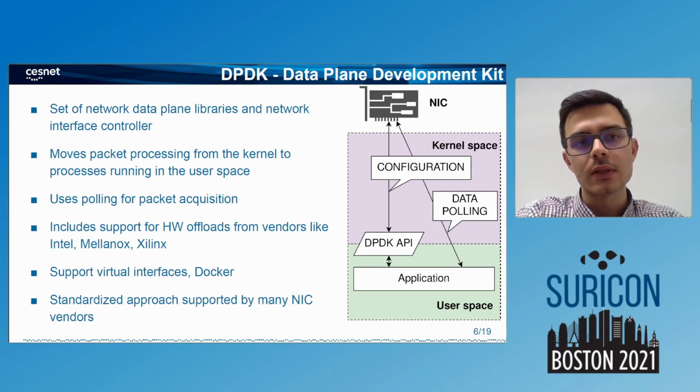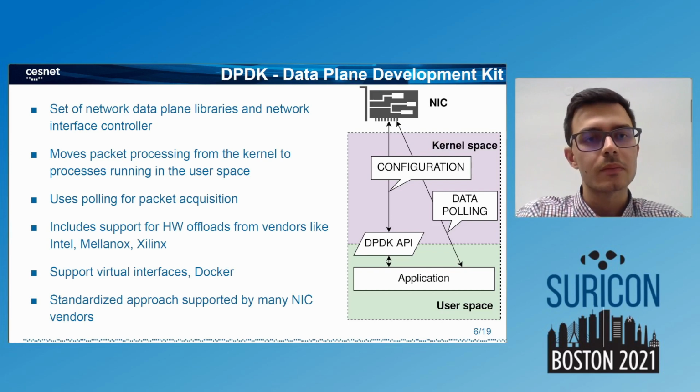But what's different in DPDK is that it bypasses the kernel space, and the packets go directly from the NIC to the application. This enables faster packet processing and saves some resources for other modules.